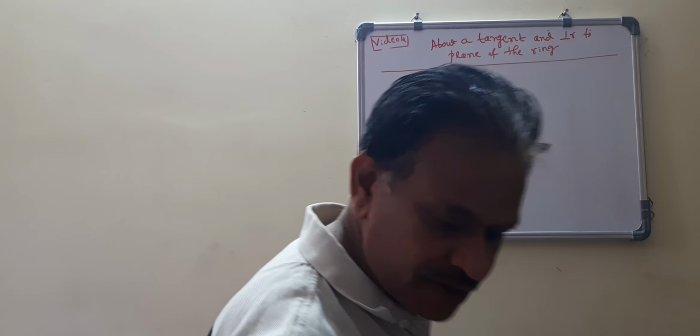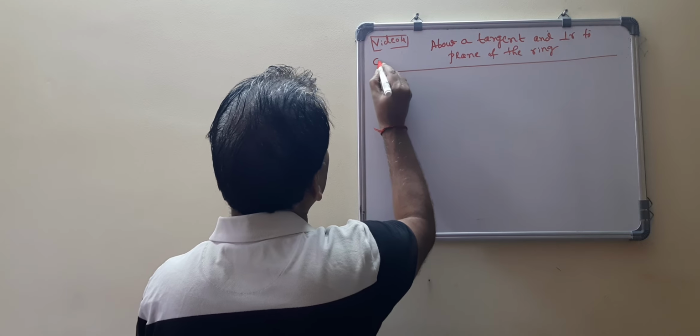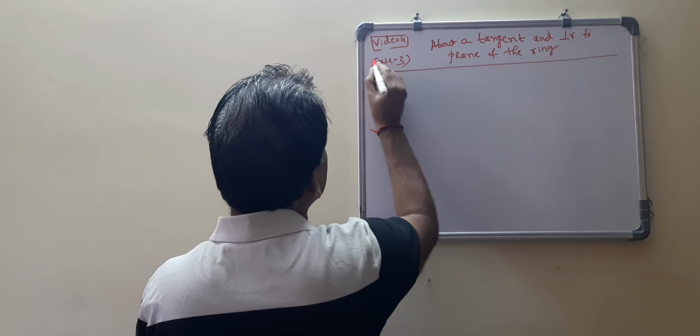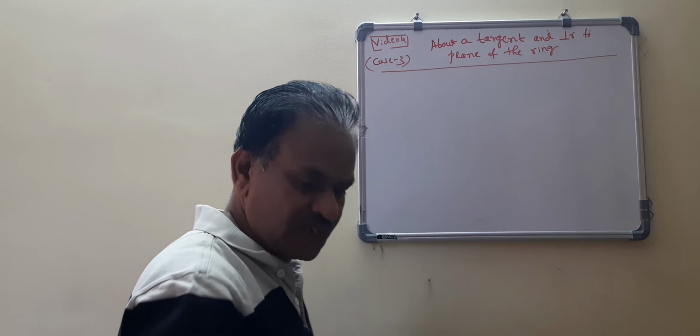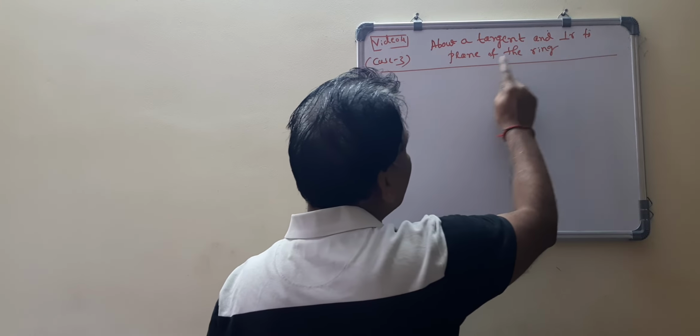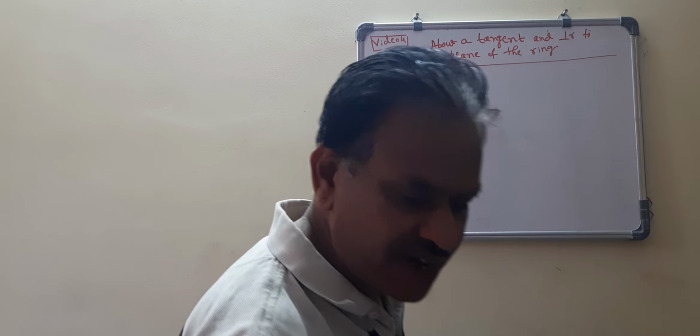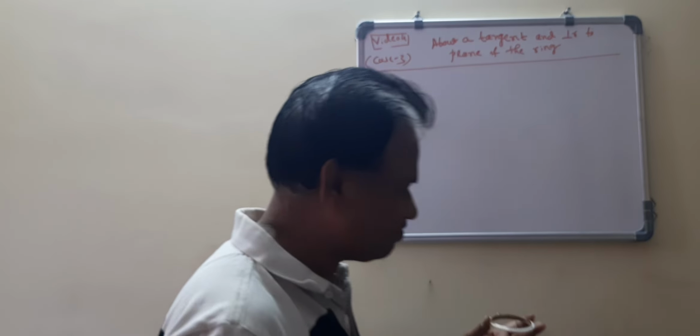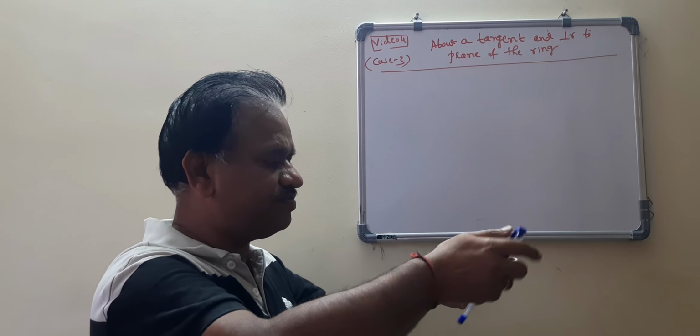Okay. Students, now let us consider case 3. Look at it. About a tangent and perpendicular to plane of the ring, it is like this. This is the ring.